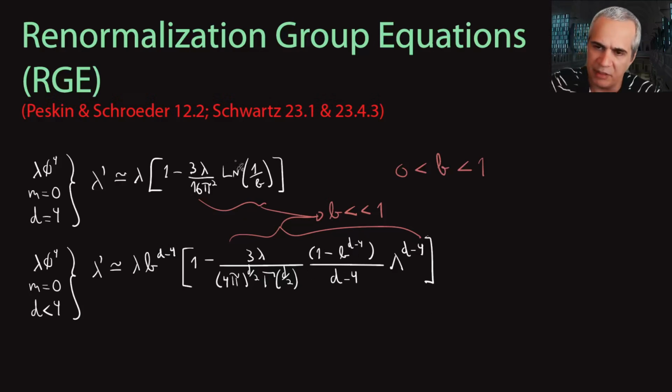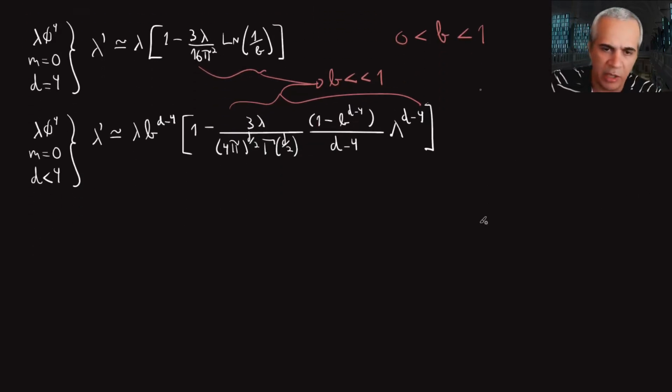This problem with the big logs, there's also a log in disguise here, also appeared when we were calculating the photon self energy. So we got this expression, let me repeat it here, for the photon self energy. This is what I called pi of q squared, and at one loop, this was given by the following expression.